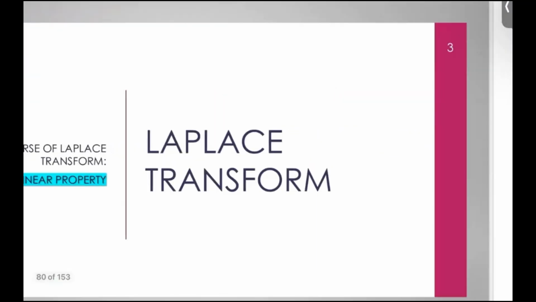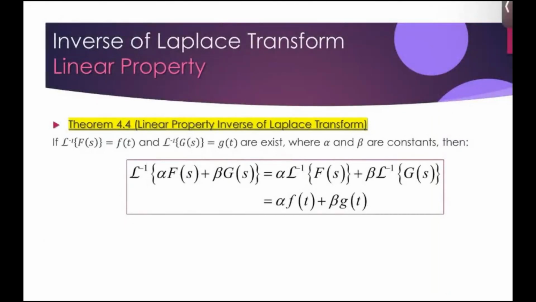So let's see the first one. The first property of inverse Laplace transform we call the linear property. If the inverse Laplace of F(s) is equal to f(t) and the inverse Laplace of G(s) equal to g(t), and alpha and beta are constants, then consider the sum: constant alpha multiply F(s), plus constant beta multiply G(s).